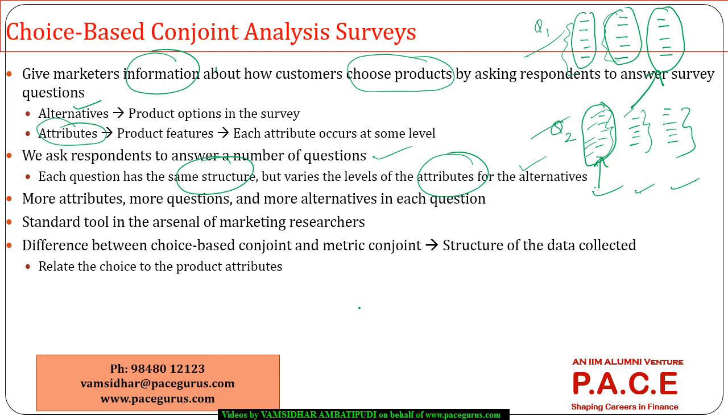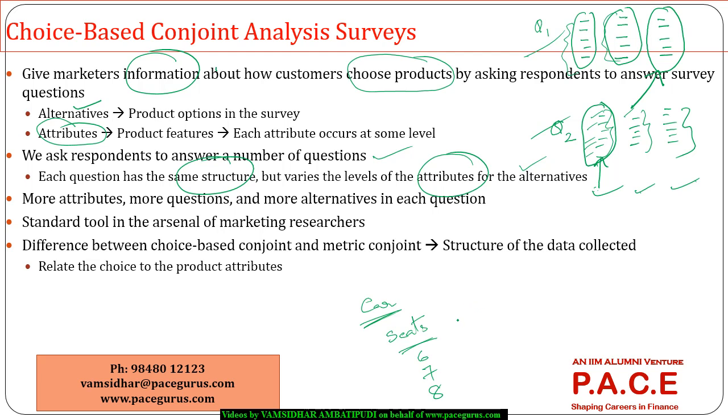So which means, let me take this example itself. Let's say I'm talking about a car that I want to design. One of the features is the number of seats that a customer would prefer, 6 or 7 or 8.